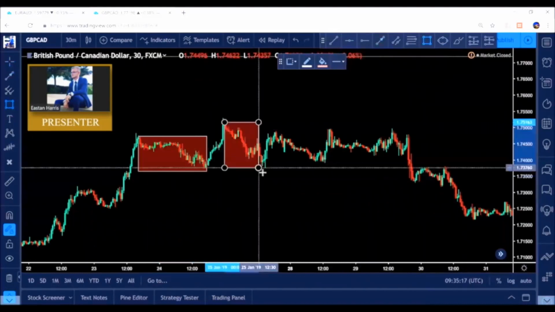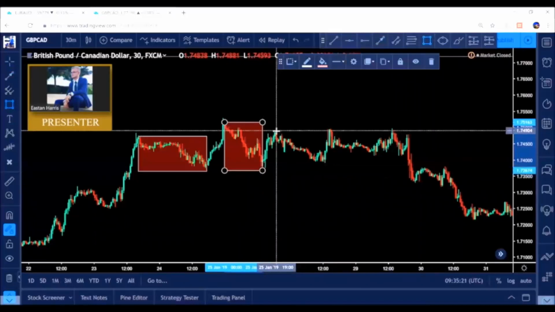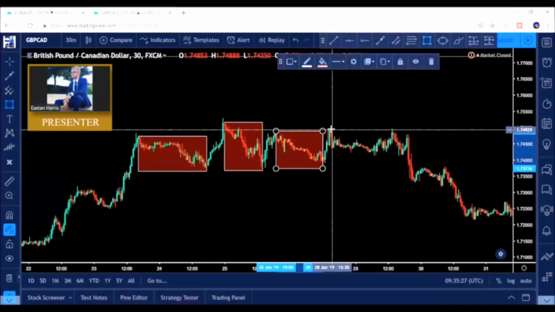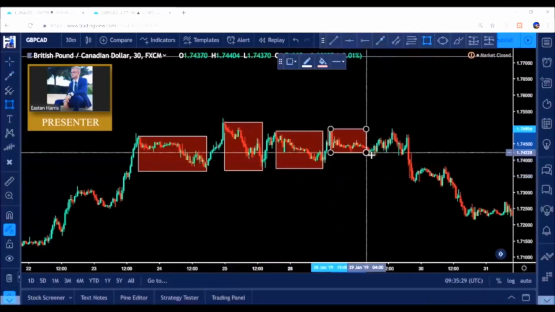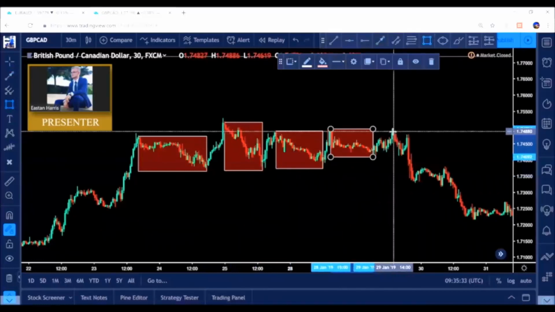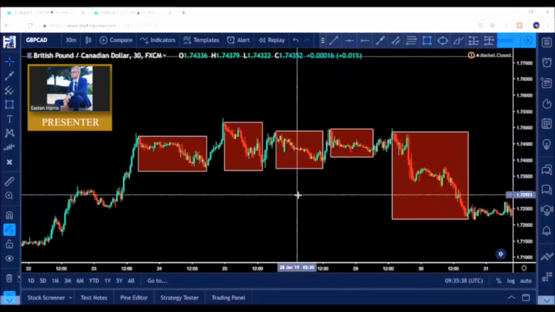So I know that there's a resistance up here, but I need to find it. I need to figure out how exactly I'm going to draw my zone, and I need to figure out where these moves originate from. Okay, where do these bearish moves originate from?